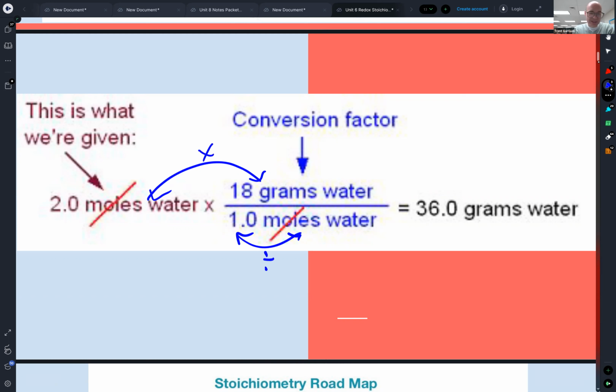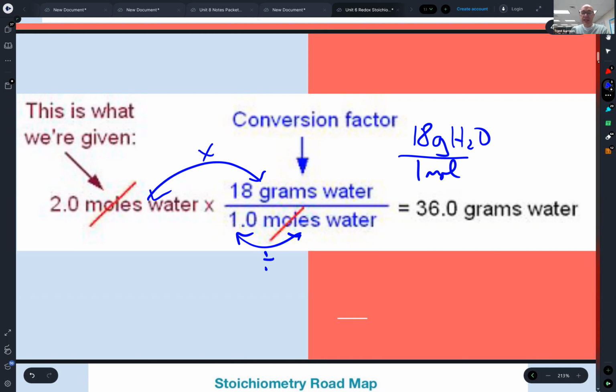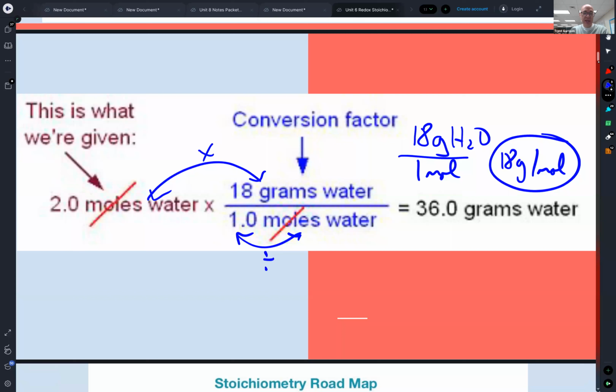Well, dividing by 1 doesn't change anything, and you're saying, why did you even put the 1 there? Because the unit of those grams is 18 grams of H2O for every 1 mole. The unit is actually 18 grams per mole if you look at it on the periodic table. And so here's your grams, here's your moles.